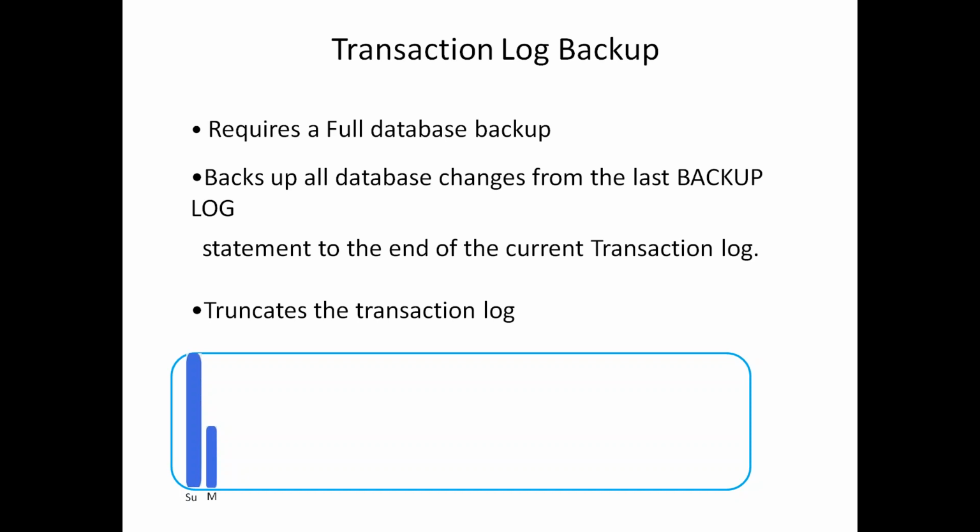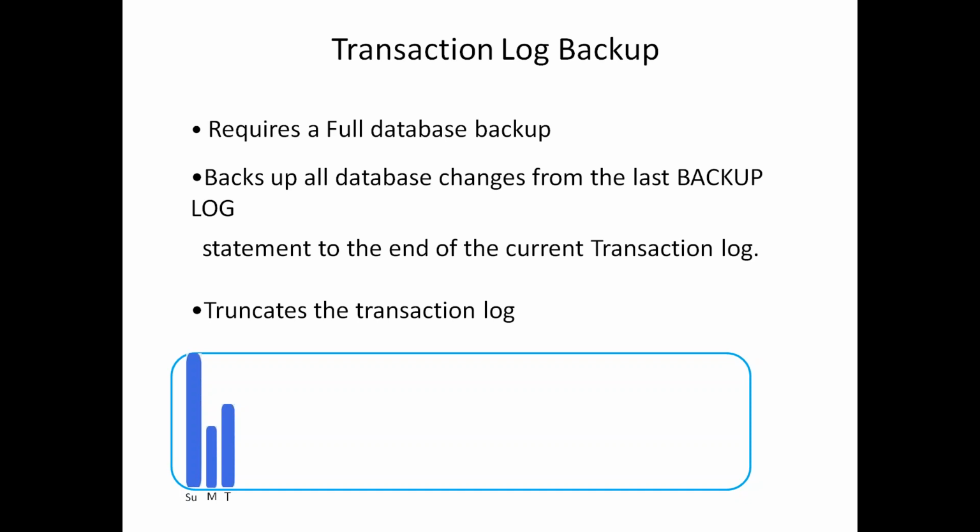So I've taken a full backup on Sunday, then on Monday I've taken a log backup, and on Tuesday I've taken a second log backup. The first log backup that I've taken on Monday contains the information from Sunday to Monday, and Tuesday's backup contains the changes from Monday to Tuesday.